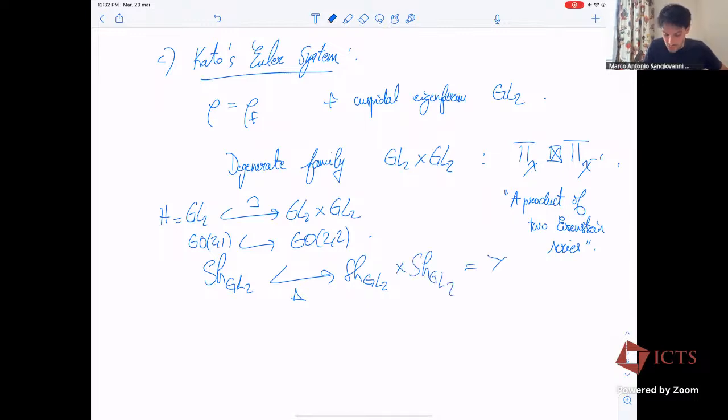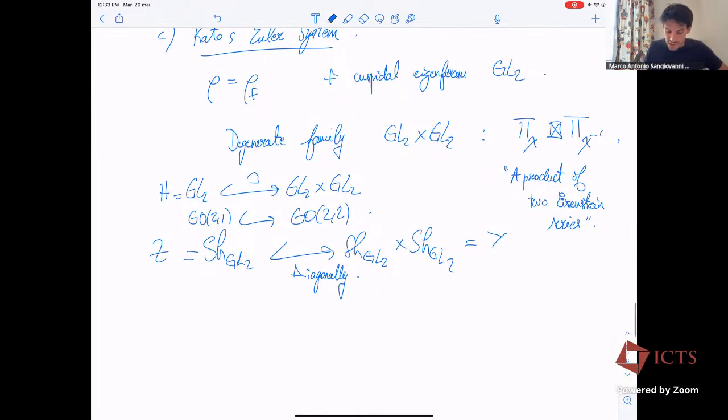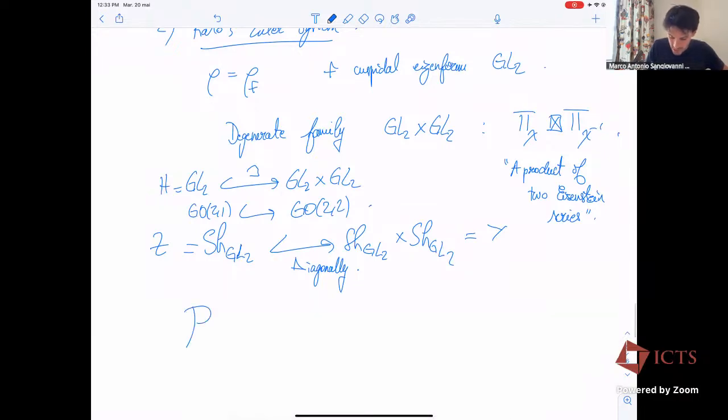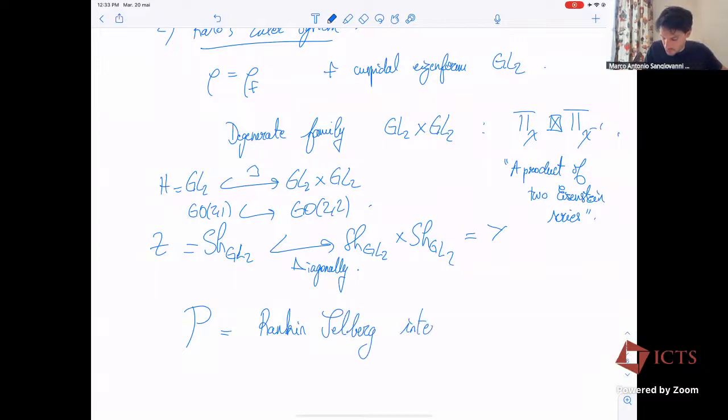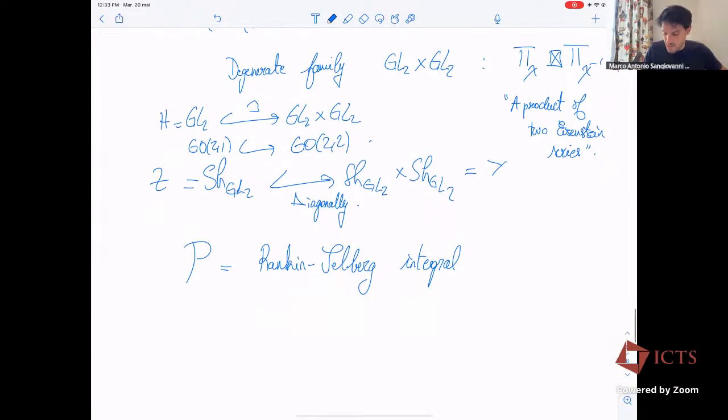In my notation previously, this is my Z inside my Y, so diagonally. Okay. And so what is the period integral? P is the Rankin-Selberg integral. And the p-adic L-function, the construction of the p-adic L-function, is due to Hida.